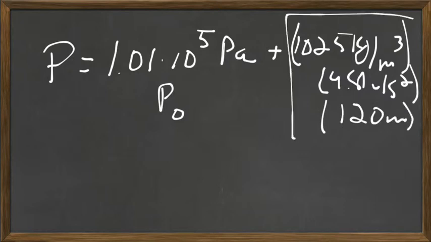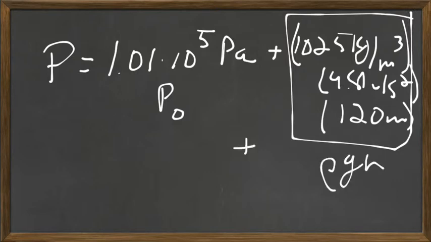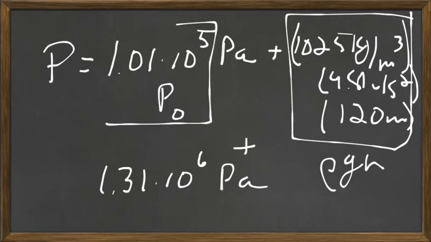And that product right there is my rho g h. And when I solve, I wind up getting, not surprisingly, a nice value, 1.31 times 10 to the 6th Pascal. I've gone down under some water, so I definitely expect it to be larger than the pressure of the air sitting on top of the water.